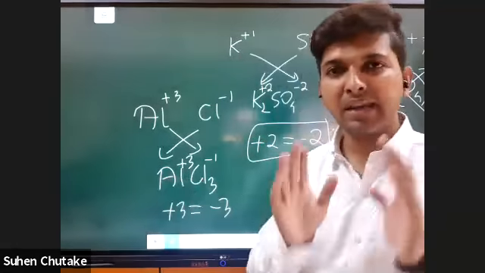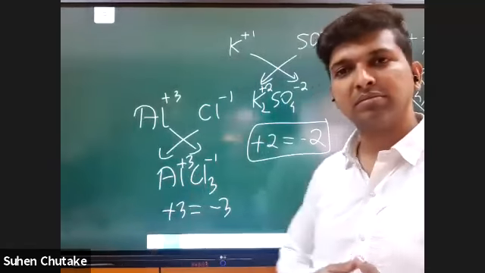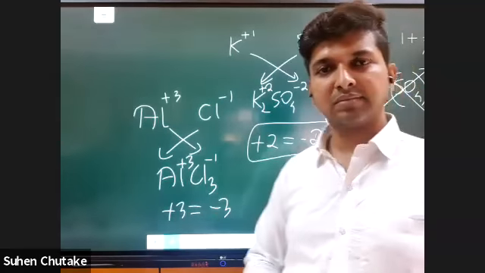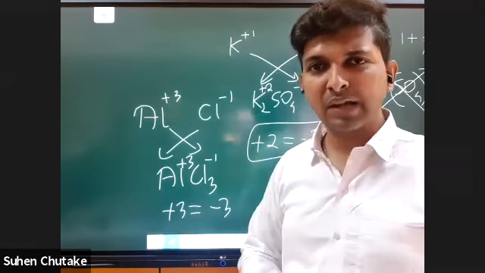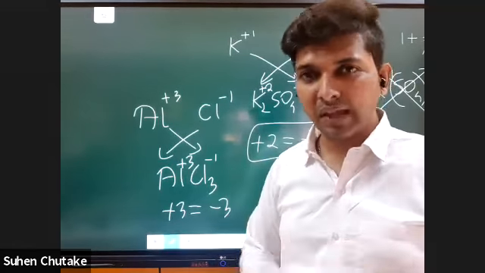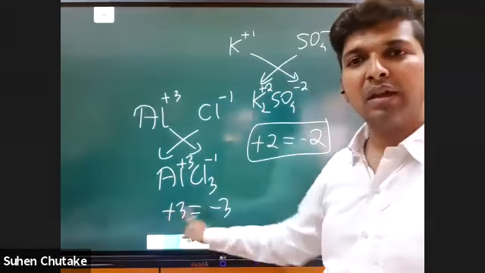That's why ionic compounds need to have these charges equal. +3 equal to -3. AlCl लिखेंगे गलत हो जाएगा. AlCl2 लिखेंगे और भी गलत हो जाएगा. AlCl4 लिखेंगे गलत हो जाएगा. AlCl3 राइट क्यों है? चार्ज इज इक्वल.